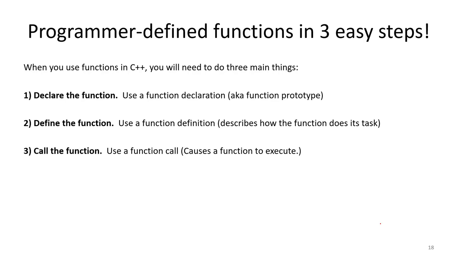First step is to declare the function. This is just like declaring a variable. You want to let the compiler know that the function exists. So what we do is we use what's called a function declaration. We let the compiler know that our function exists.